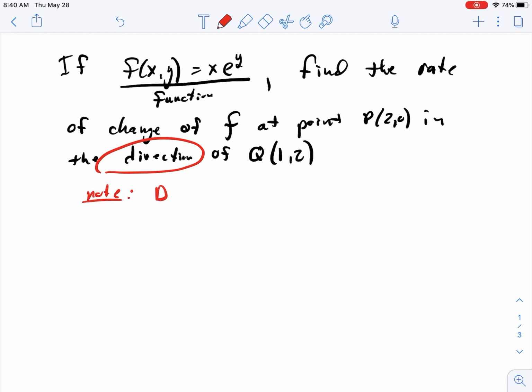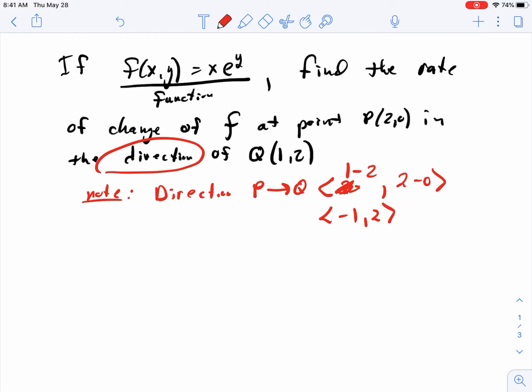Okay. So that would mean the direction is implied that we're going to go from P to Q, which would be 1 minus 2, and 2 minus 0, or negative 1 comma 2.